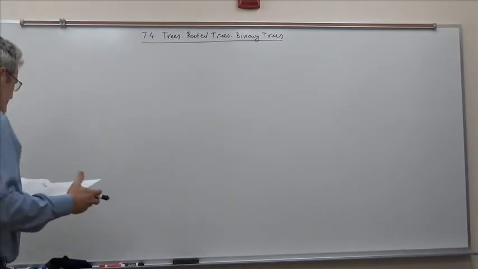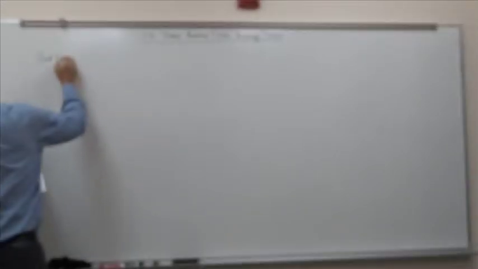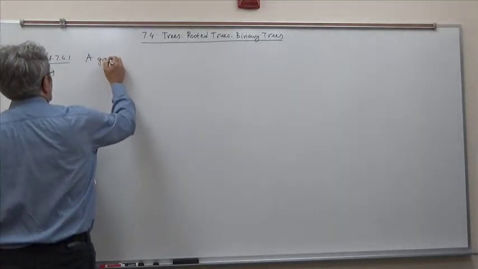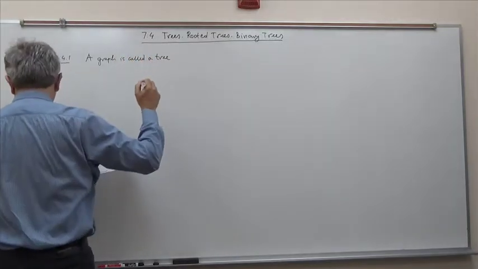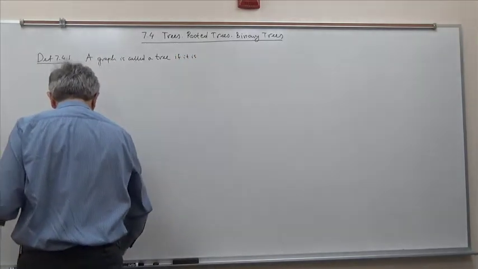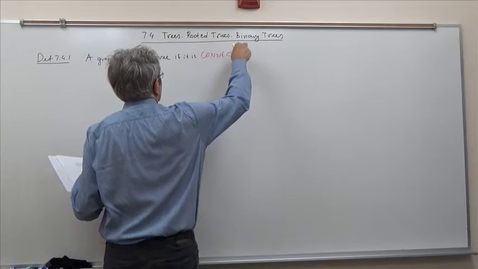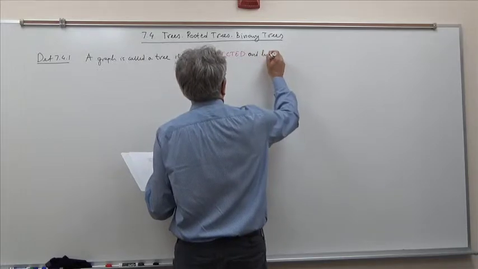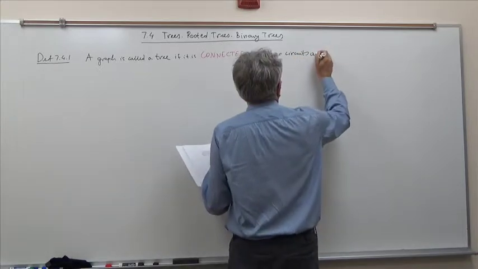Definition 7.4.1. A graph is called a tree if it is connected and has no circuits and no loops.